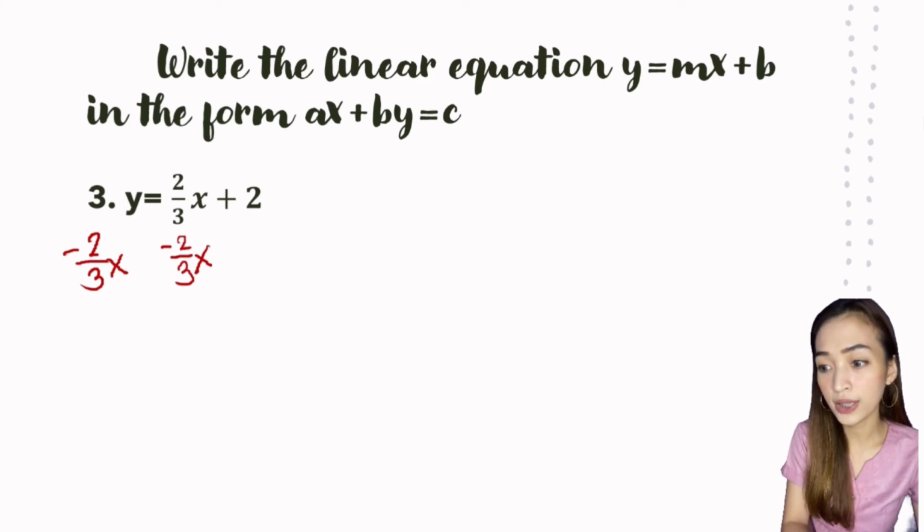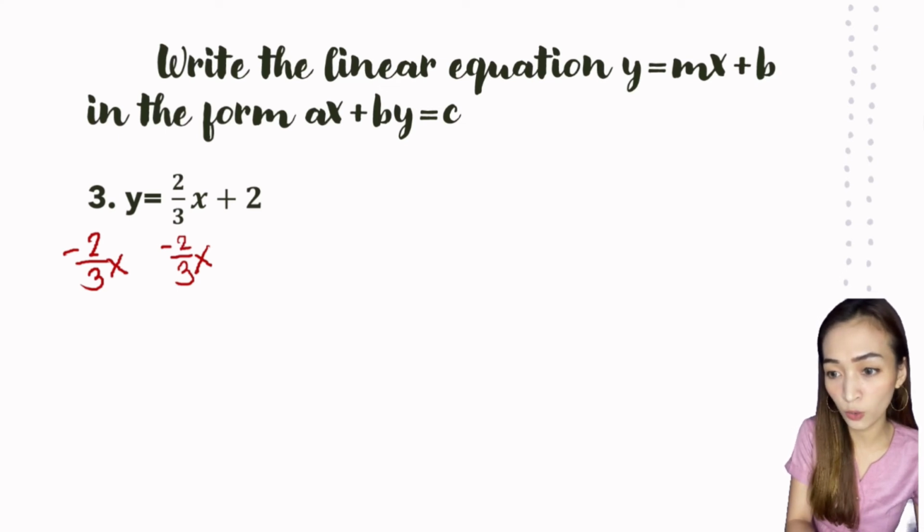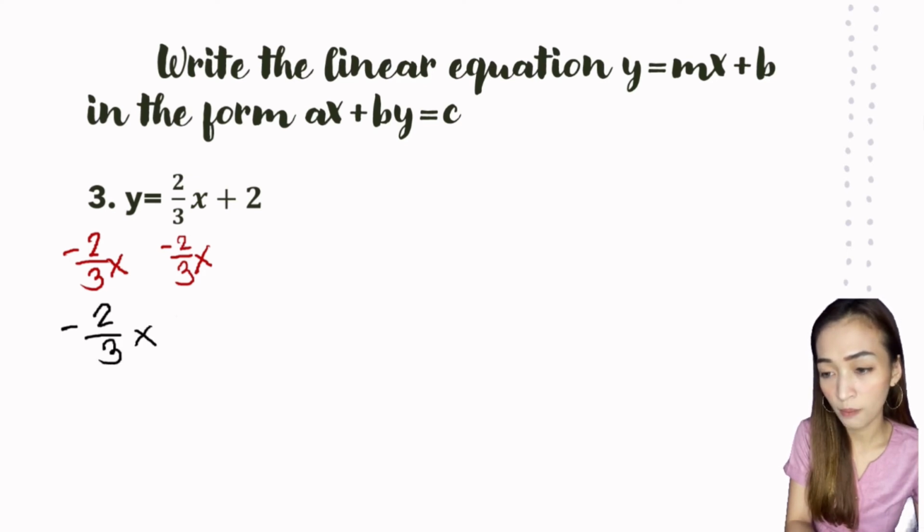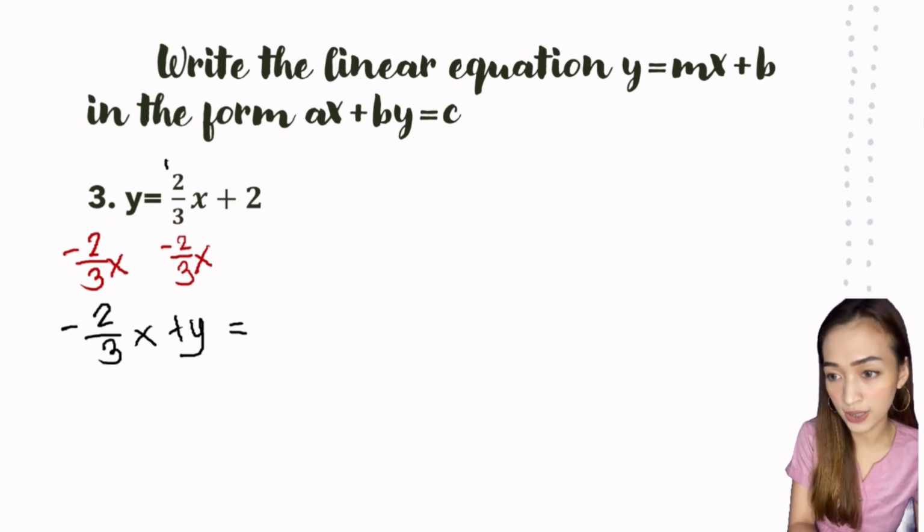Now, let's add y plus negative 2 over 3x. So, it will become negative 2 over 3x plus y equals 2 over 3x plus negative 2 over 3x is 0. Then we have here positive 2.